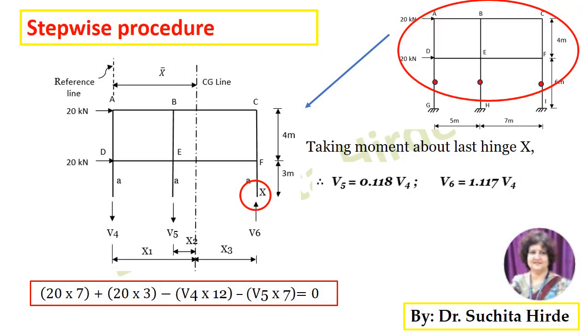We know the relation between V5 and V4, so we can substitute V5 as 0.118 V4 and calculate the value of V4. If you solve the equation, you will get V4 is equal to 15.59 kilonewton. From this you can calculate V5 and V6.